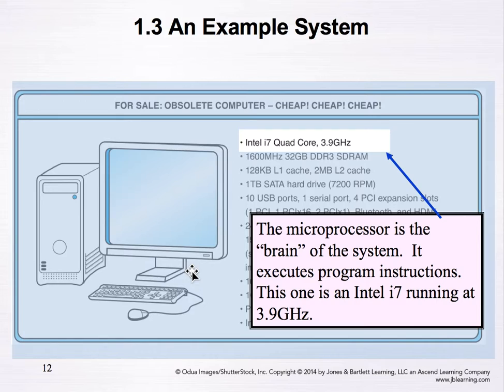Now back to the advertisement we had at the beginning. You can see the first line here, Intel i7 quad core 3.9 GHz. That information indicates the microprocessor of the system. It says that the microprocessor executes program instructions at a speed of 3.9 gigahertz.